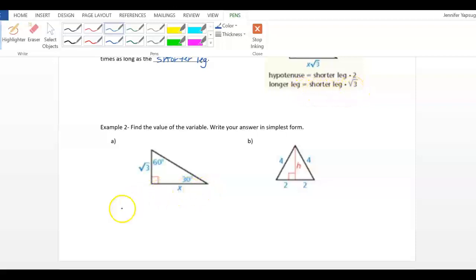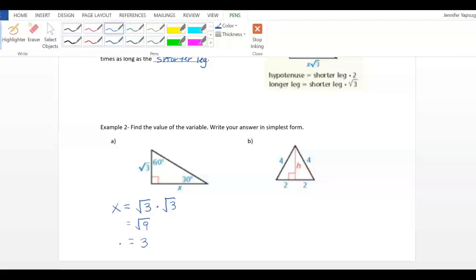So the longer leg, x, is equal to the shorter leg, which is root 3, times square root of 3. Then we just simplify that. Square root of 3 times the square root of 3 is the square root of 9, and we know that the square root of 9 is equal to positive 3. So x equals 3.